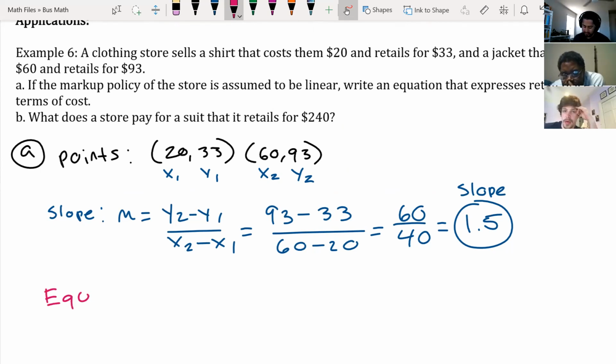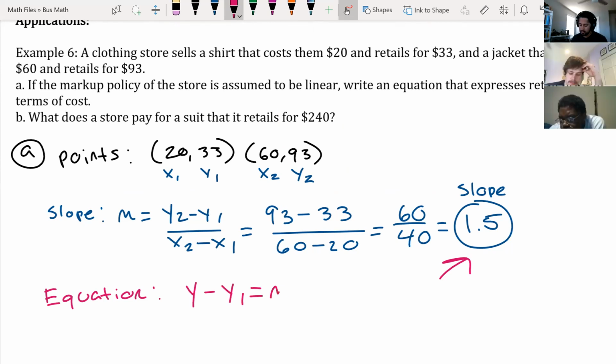And do we have that? Yes, we have a slope and we have 2 points. All we need to use is 1 point though, and we already have 1 point labeled nicely as x1, y1. So for my equation, we use y minus y1 equals m times x minus x1.